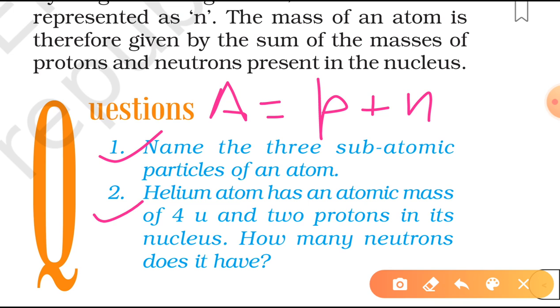You know that you are having atomic mass 4, okay, and number of protons are 2. So you can easily subtract and you can get the number of neutrons. You will get 4 minus 2 and the number of neutrons will come up to 2. So a helium atom is having 2 protons, 2 neutrons and the mass is 4 u.